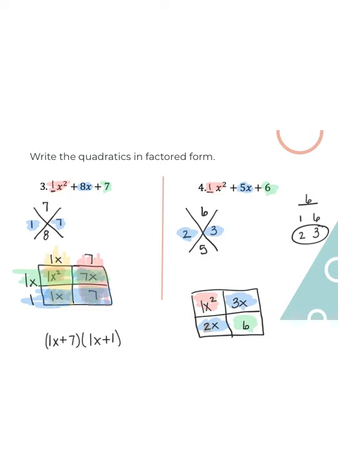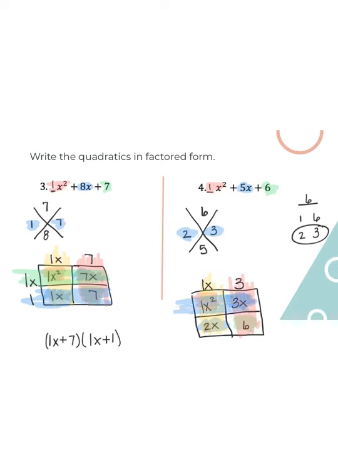Okay, now I'm seeing what's in common. Top and bottom, 1x squared and 2x. Well, I know they both have a 1x in them. 3 and 6, if I move over 1. So I'm here. 3 and 6 both have a 3 in them. I'm going to keep moving along. Now I'm here, 1x and 3x.